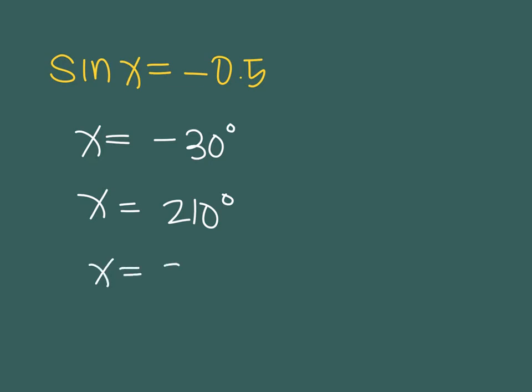So we need at least 4. 180 plus 300 plus 180, that will be in the second quadrant.